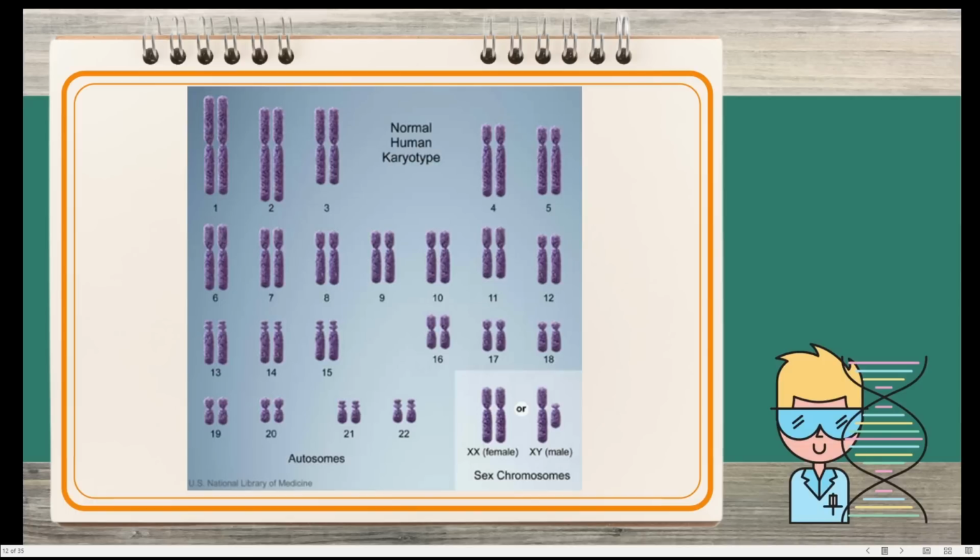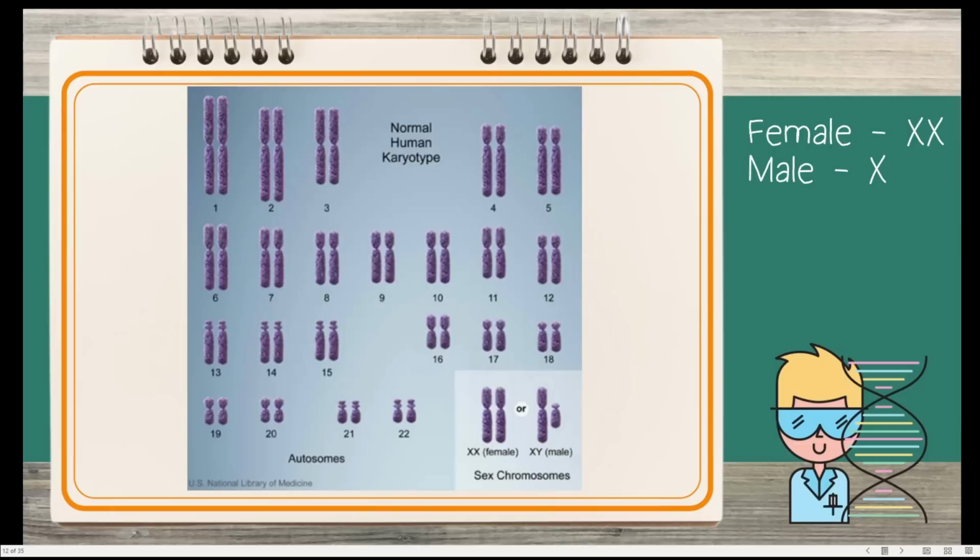Now, what can you notice in a normal human karyotype? How many chromosomes do we have? As you can see, we have 46 chromosomes or 23 pairs. 22 pairs would be autosomes, while the last pair would determine our gender.